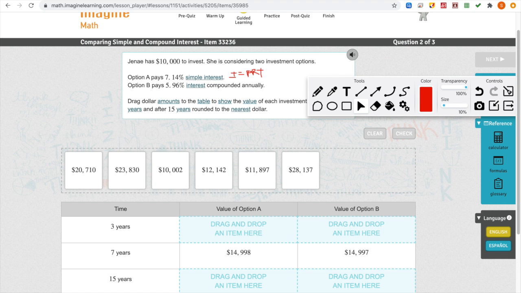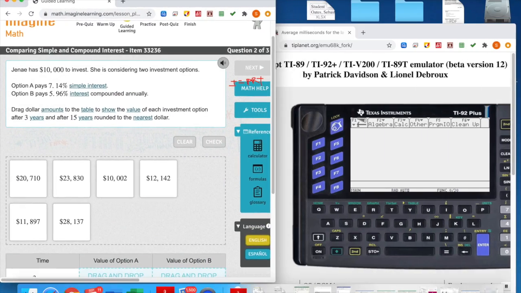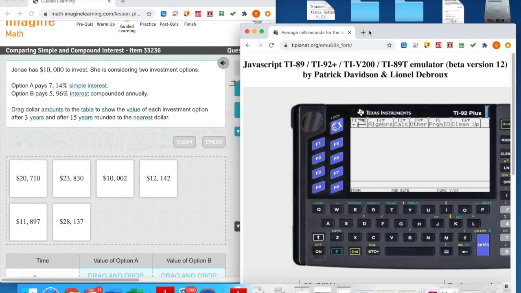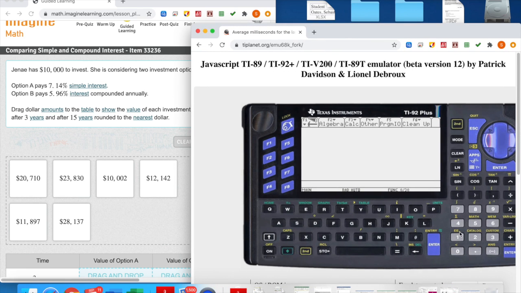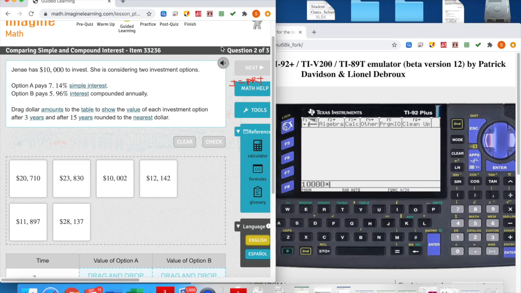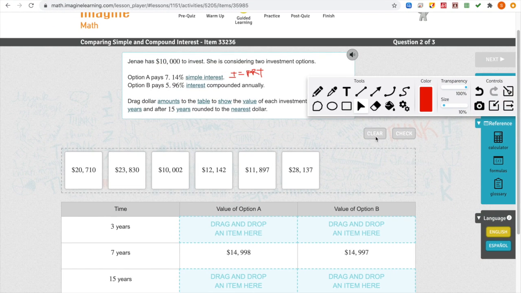So we're going to go ahead and enter this into our calculator. So we know that for option 1, we have $10,000 principal. We're using simple interest, so I'm going to do times. Now how am I going to change 7.14? So I know what I'm going to do is I'm going to go over 1 over 2.